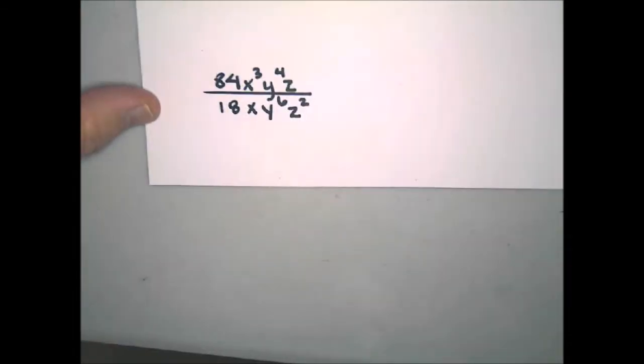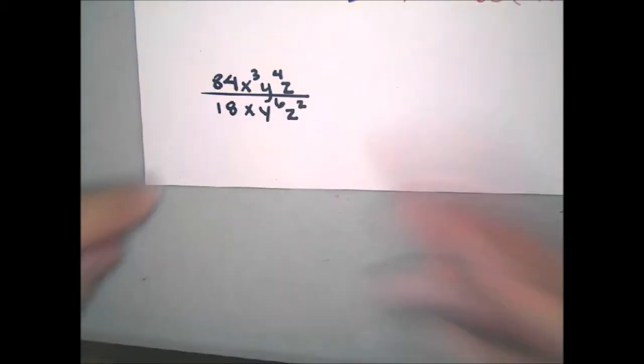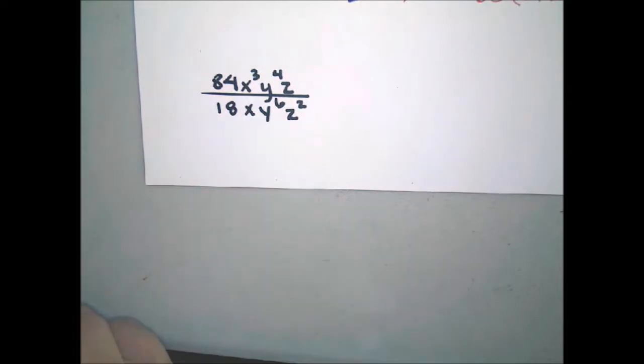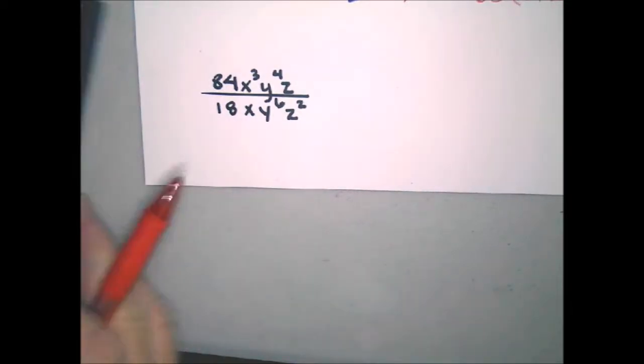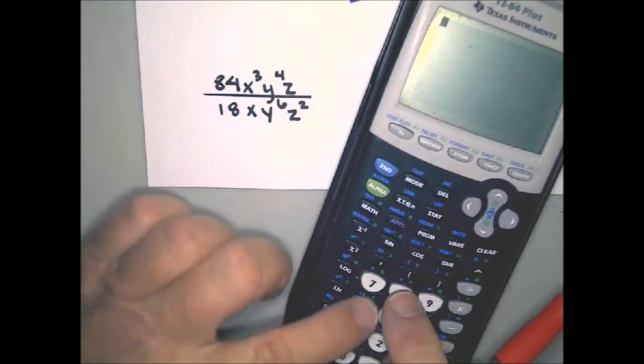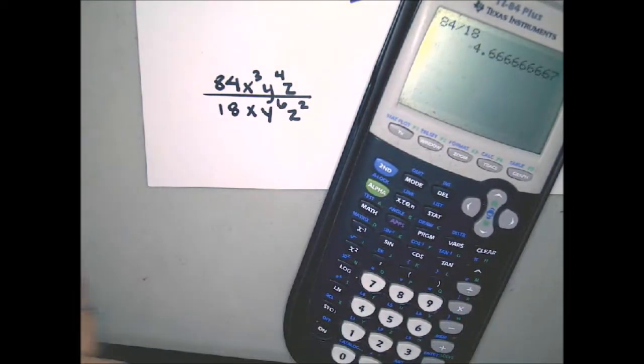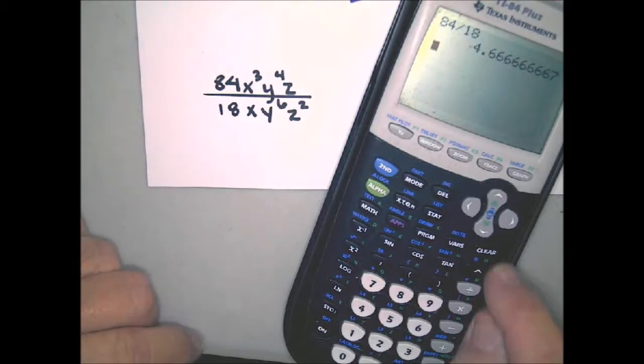Now the third one is simply a reduction problem. It's just one rational expression, and we need to figure out how to reduce this. Well, let's start with the coefficients of 84 and 18. First thing I would do is get on my calculator and see if 18 can go into 84 a certain number of times, and it can't.